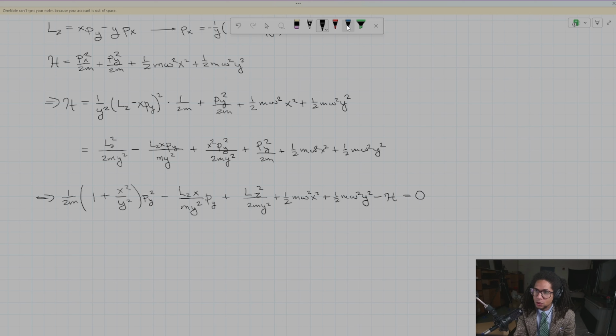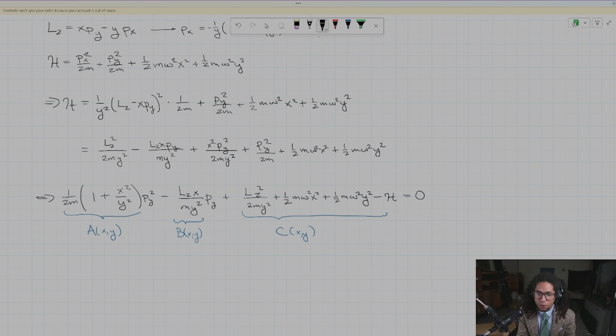Okay, let's group these terms because in the end, it's okay to just do things in this way. So this will be a of xy, b of xy, and then all of this together will be c of xy.